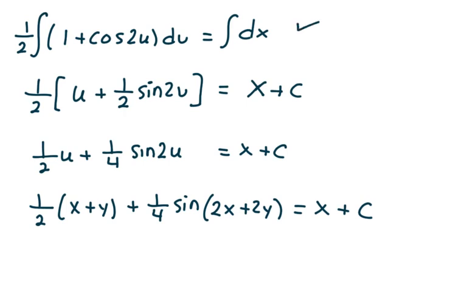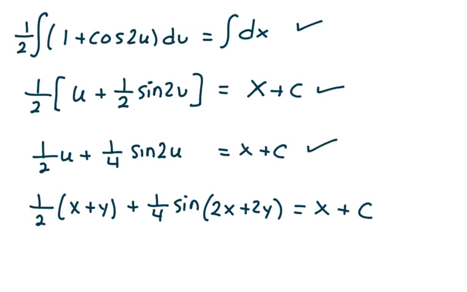We can get 1/2 the integral of (1 + cosine of 2u) du is equal to the integral of dx. So 1/2 the quantity of u + 1/2 sine of 2u is equal to x + c, right here. So distributing the 1/2 inside, we get 1/2 u + 1/4 sine of 2u is equal to x + c.